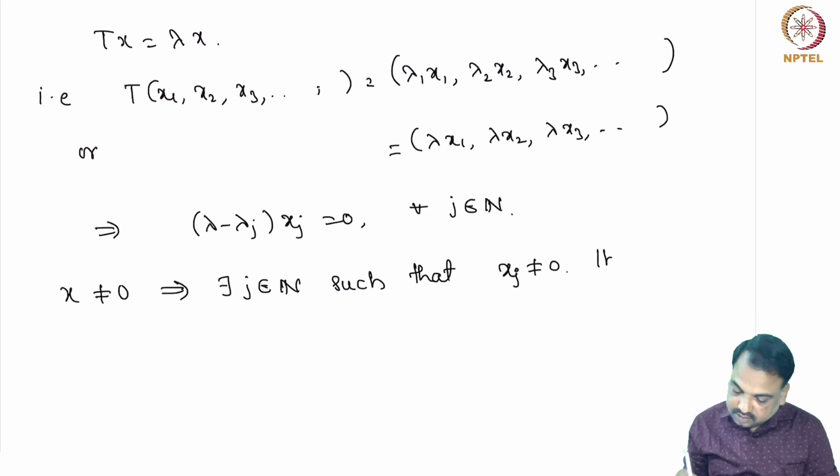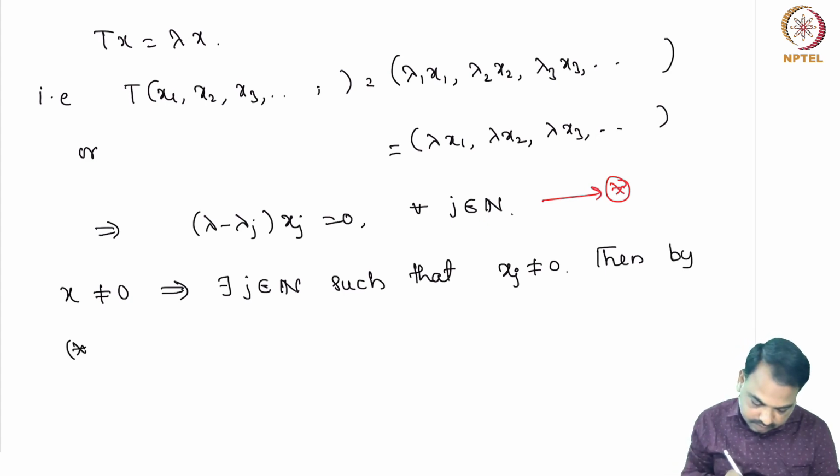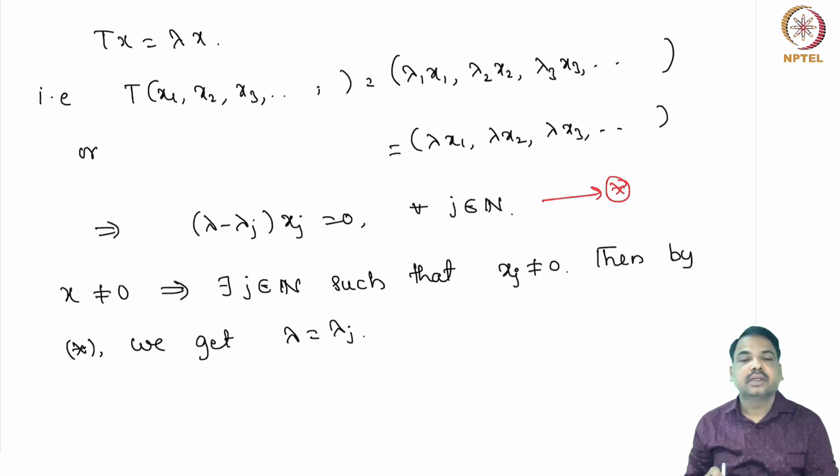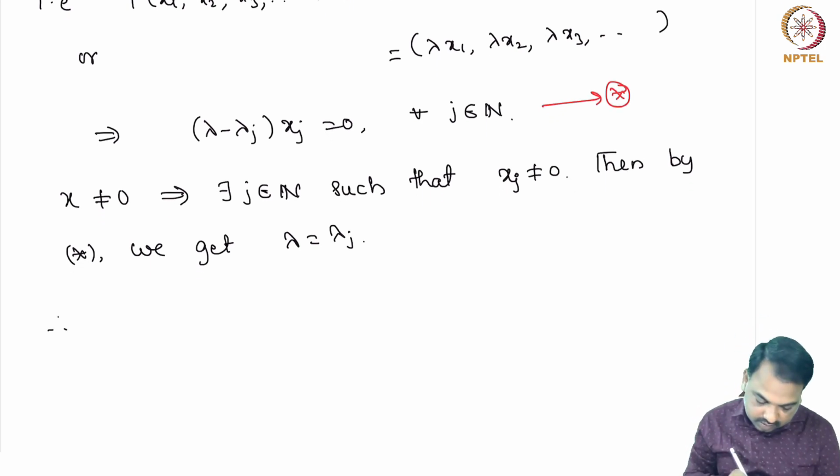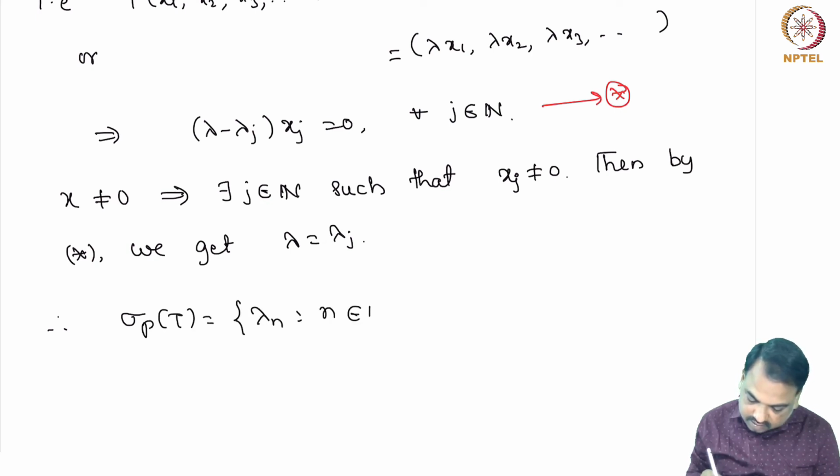Then in that case, from this equation, let us say star, we get that lambda equals that particular lambda j. So if lambda is any arbitrary eigenvalue, then it has to coincide with one of the diagonal entries. So the conclusion is the following, that the point spectrum of T is exactly the set of all diagonal entries.